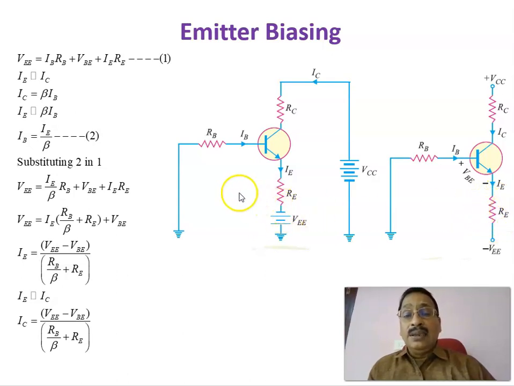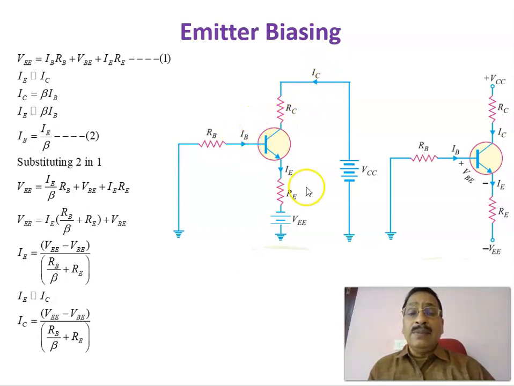Now, if you write the Kirchhoff's voltage law equation for the input loop here, you get VEE equal to IB RB plus VBE plus IE into RE. Since IB is very small, IE is the sum of collector current IC plus IB, but IB is in microamperes and IC will be in milliamperes.